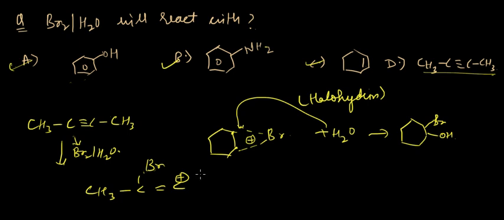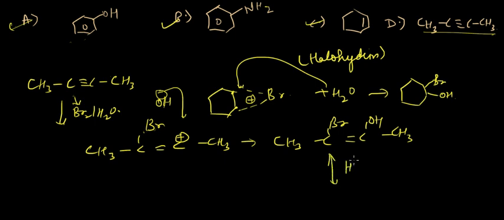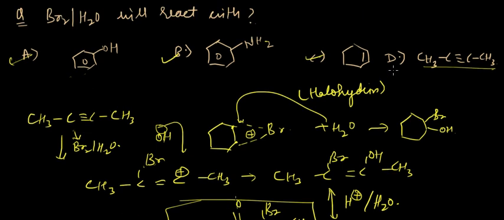Do we really get a positive charge? Yes, and afterwards OH minus will attack on this, hence we will be getting something like Br here, C double bond O and CH3, which can undergo tautomerism in acidic medium, and we will get something like this as our final product. Hence Br2 in presence of water will actually react with this compound. So all will react with Br2 in presence of water.